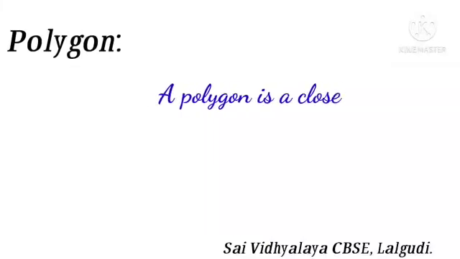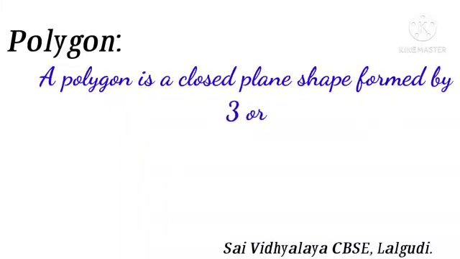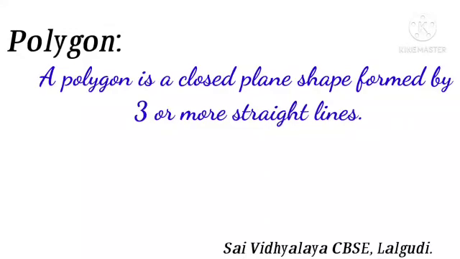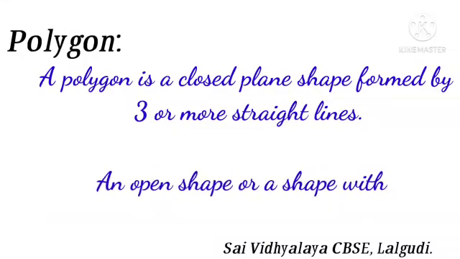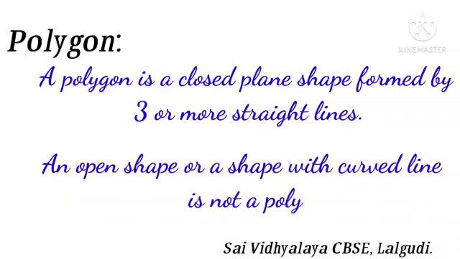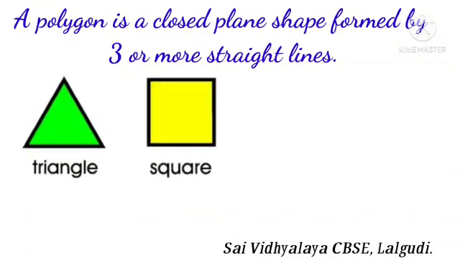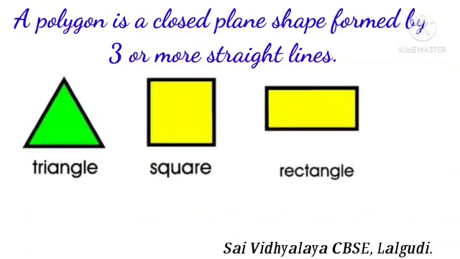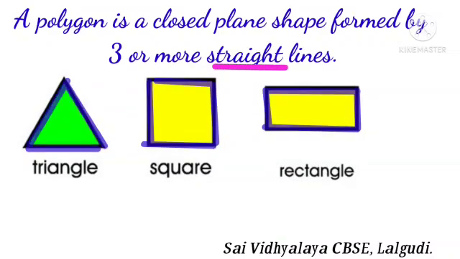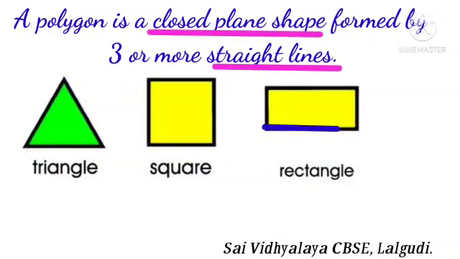Next, polygon. A polygon is a closed plane shape formed by three or more straight lines. An open shape or a shape with curved line is not a polygon. For example, triangle, square and rectangle are polygons, because these shapes have straight lines only, and these shapes are closed shapes.